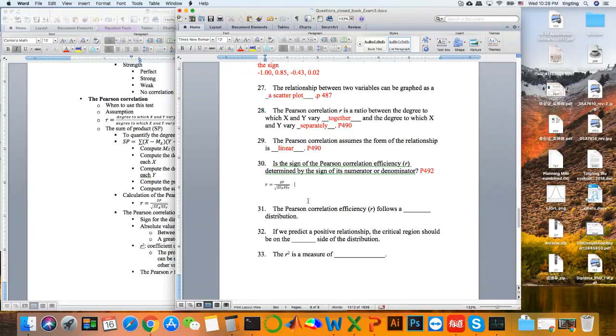And for its denominator, the denominator is the square root of something which is always positive.